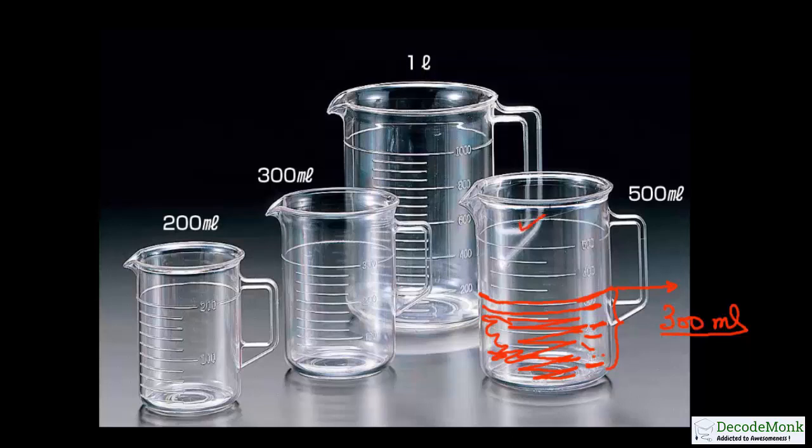So this is a standard beaker which can measure up to 500 milliliter. This is a standard beaker which can measure up to 1000 milliliter, which is equal to 1 liter. This measures up to 300 milliliter. This beaker up to 200 milliliter. And there are beakers for 10 milliliter, 5 milliliter for smaller measurements also.